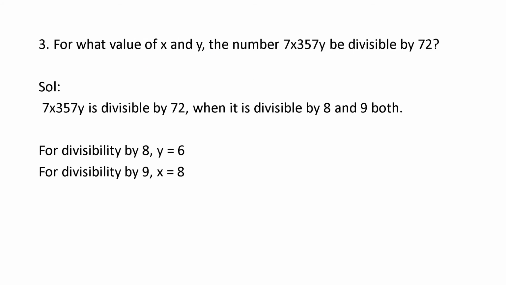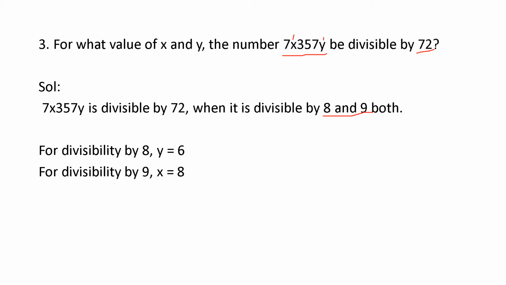Third question. For what value of x and y the number 7x357y is divisible by 72? This is the number, and x and y we have to find. Divisible by 72: 8 nines are 72.